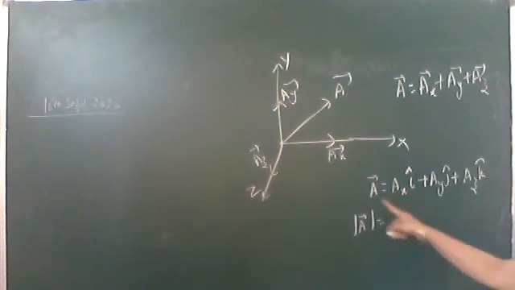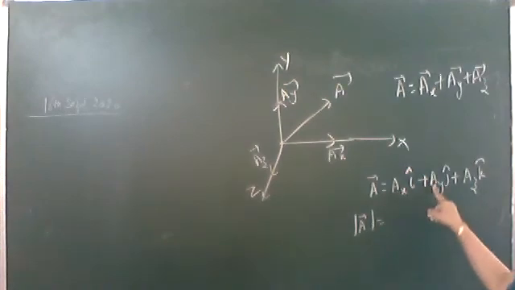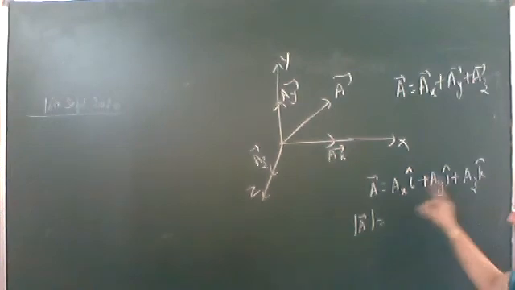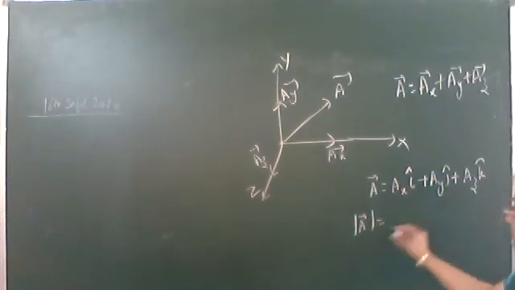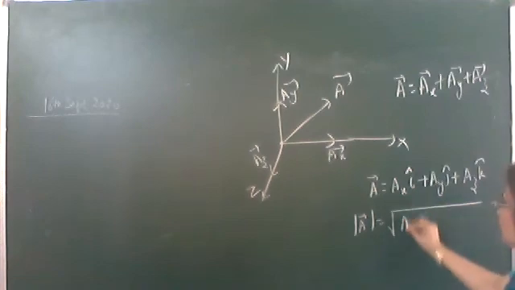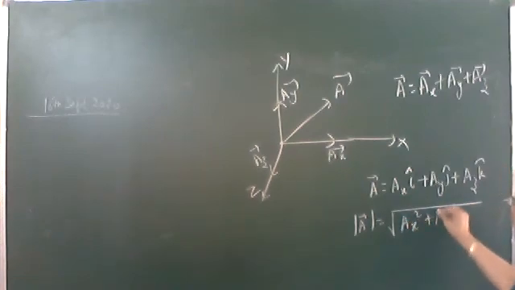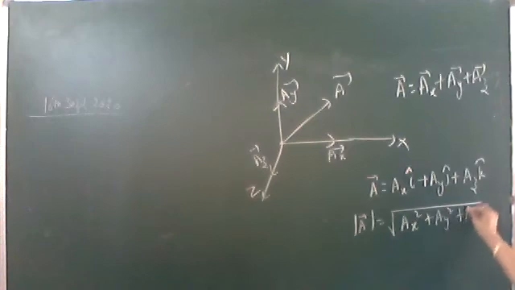Like if it is in 2 dimensions, ax i cap plus ay j cap, A square is equal to ax square plus ay square. The same way, the magnitude of A vector will be equal to ax square plus ay square plus az square. This will be the magnitude of the A vector which is resolved in 3 dimensions.